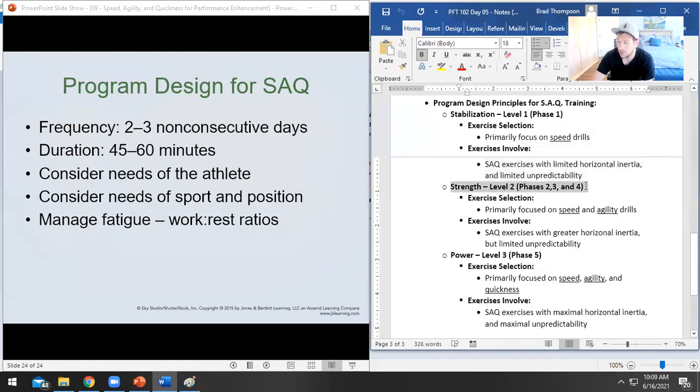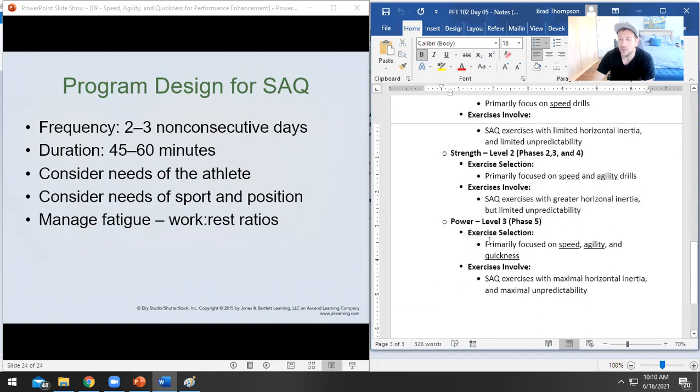Clients in the strength level are going to get speed and agility drills, so greater horizontal inertia, but still limited unpredictability. And then we think of clients in level 3 or phase 5, right? Speed plus agility plus quickness, maximal horizontal inertia, maximal unpredictability. Your horizontal inertia represents agility. Unpredictability represents quickness.